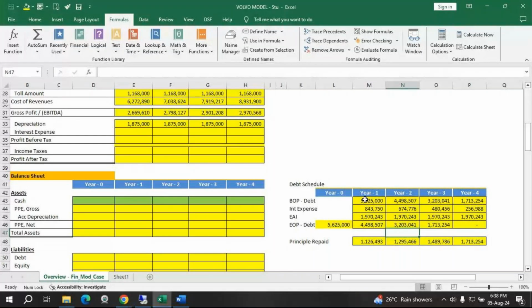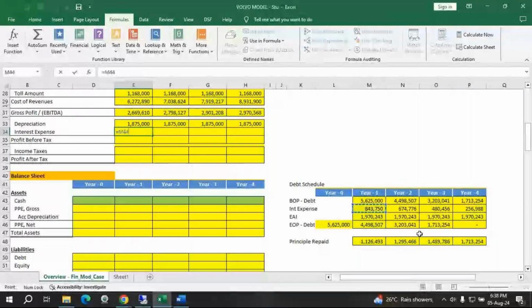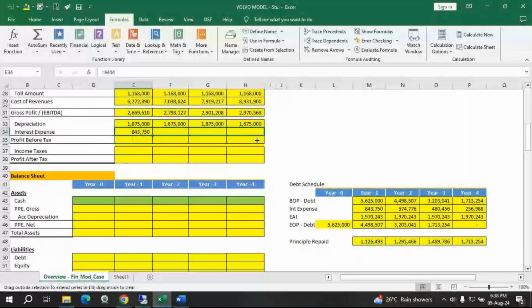Now coming to interest expenses. I'll take this value and just drag the same, so whatever the value is has come over here. Next, profit before tax.